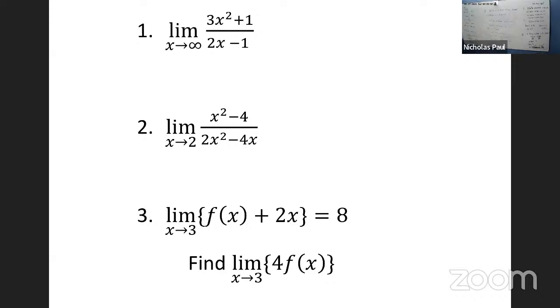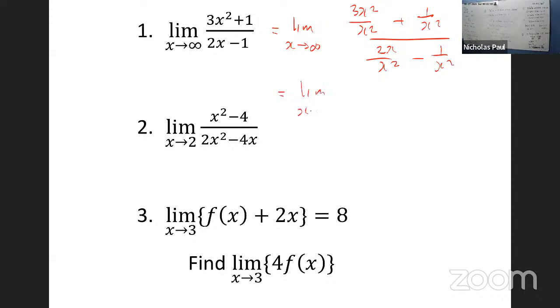No, it wouldn't be able to factorize. So we have to divide by the highest power. So we're going to get 3x squared on x squared plus 1 on x squared over 2x on x squared minus 1 on x squared.